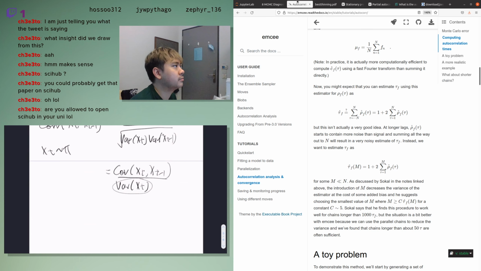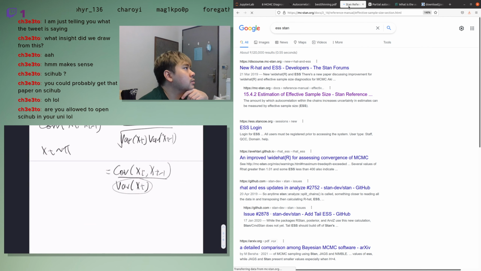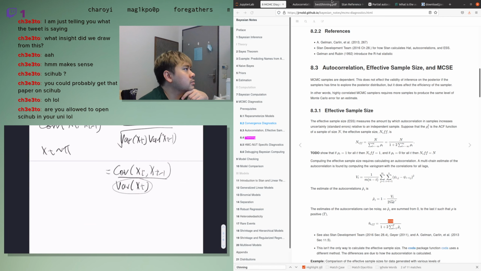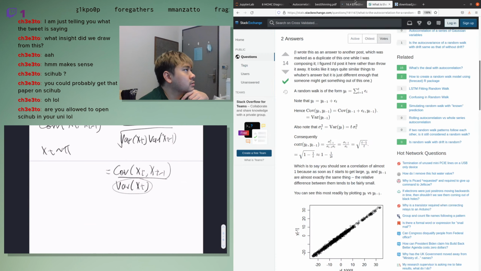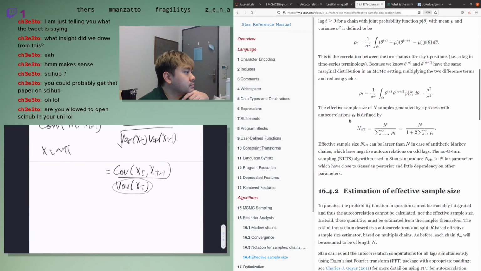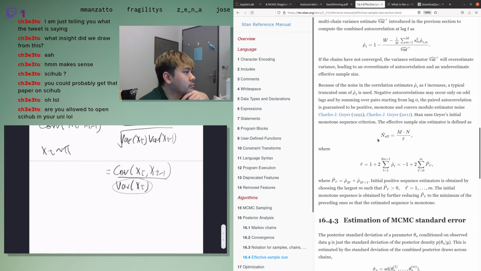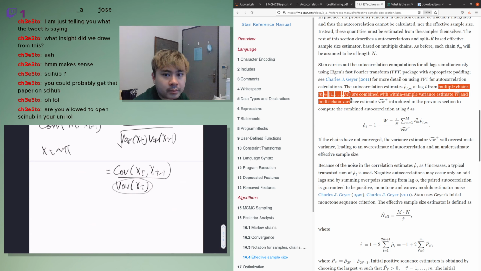Looks a bit off, but let me try to search another source. Actually, this looks like the same thing. Yeah, so M should be something like M chains and N samples. Okay, so multiple chains M. Yeah, that's right. Multiple chains.